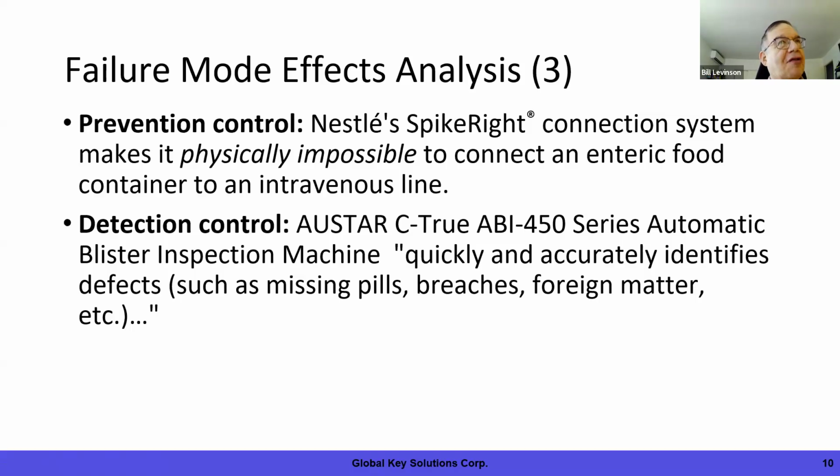The Spike Right connection system makes it physically impossible to connect an enteric food container to an intravenous line. Detection control doesn't keep defects from getting into the product, but it detects them before they can get to the next internal or external customer. Next slide.